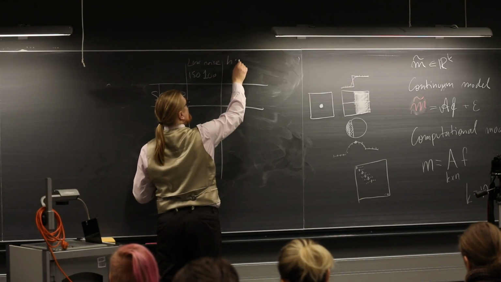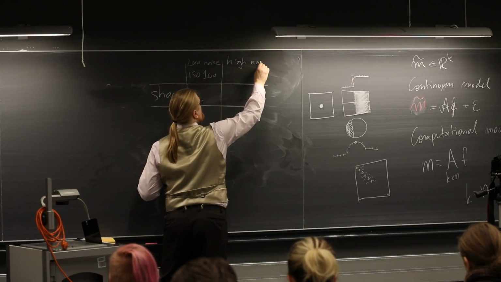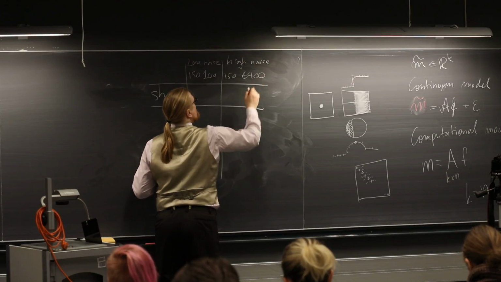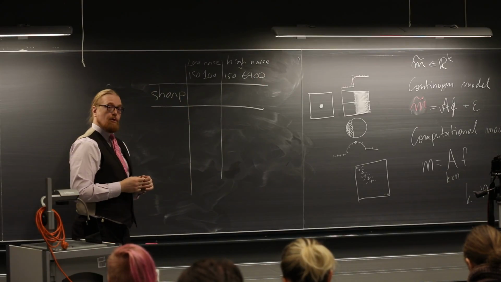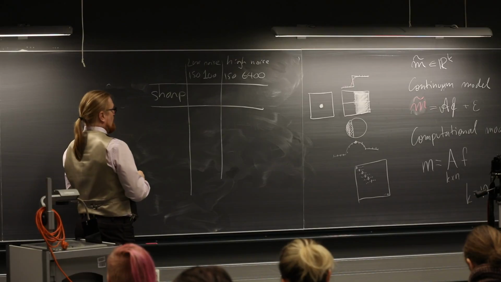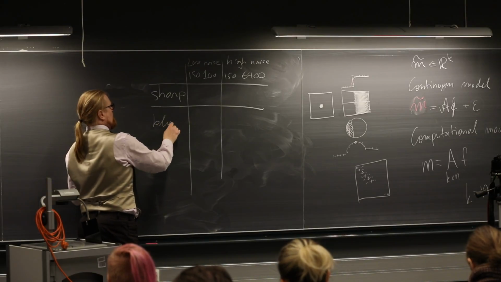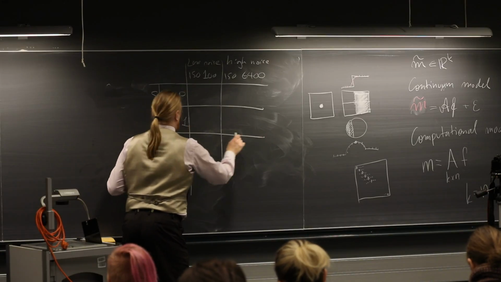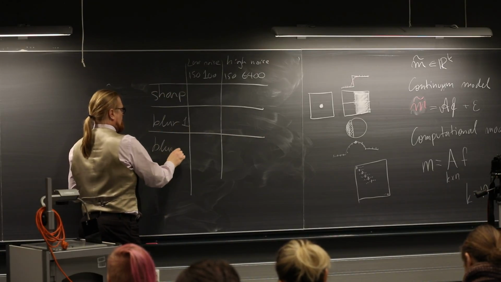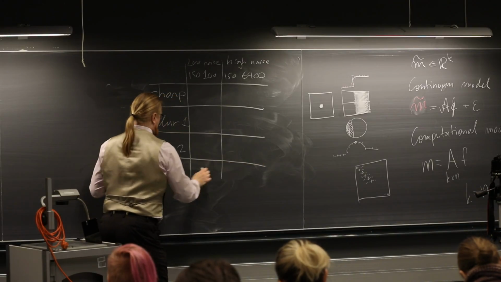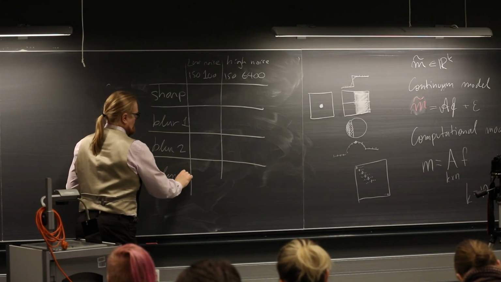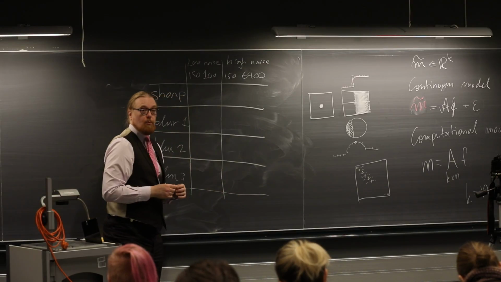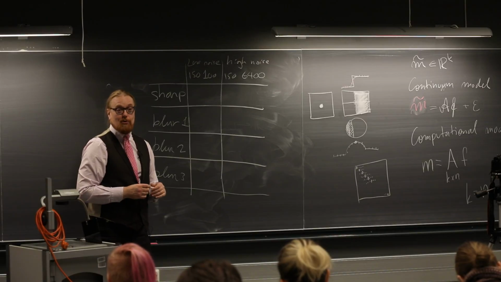And high noise with ISO 6400. And then we should take a little bit blurred one, then a little bit more blurred, and maybe even more. It's always hard to say what will be practically possible to really recover so well.